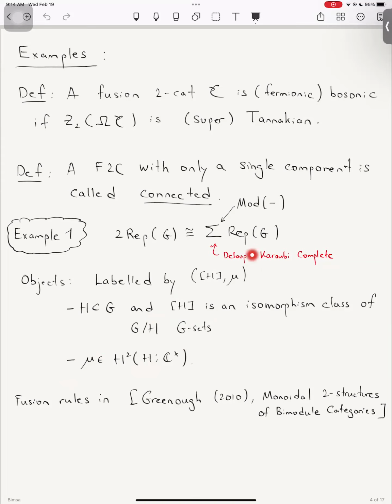And so these label basically all the objects. The objects are really just labeled by subgroups of G. And then you would like to compute some fusion rules of these things, just like you would do in Fusion 1 categories. And if you would like more details about how fusion rules are computed in general, because I'm going to just do a simple example, I refer you to this paper of Greeno.